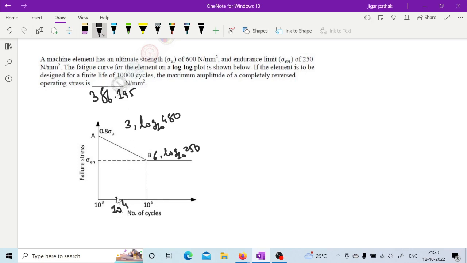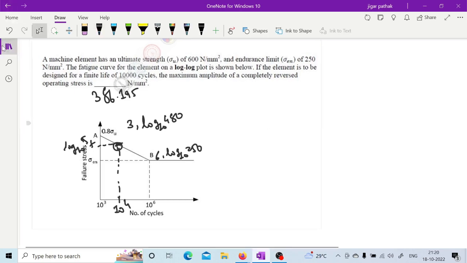So what you need to calculate is this stress, the S_f for 10,000 cycles. So if you again go by whatever we have calculated, you will get this. I am not showing calculation. I guess you will be able to do this, right? Sir, it's similar. Okay.